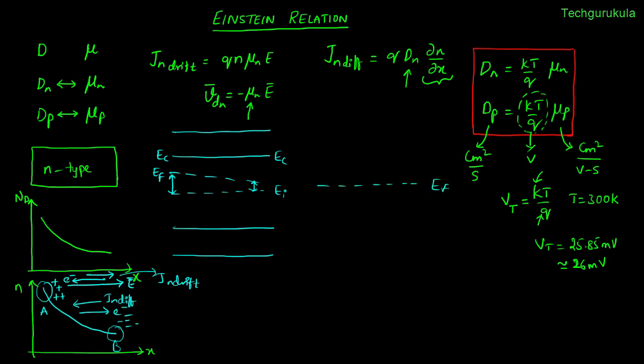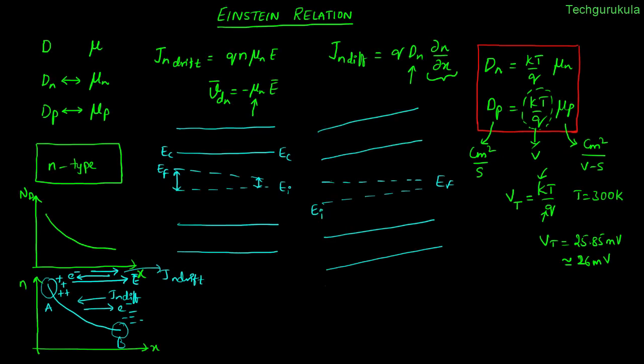If EF is constant, then EI would have a relationship like this approximately, and then EV would be parallel to this, and EC would be again parallel to this. Now let us put this equation to test, that Jn drift plus the Jn diffusion should be equal to 0, because the net current should be 0.